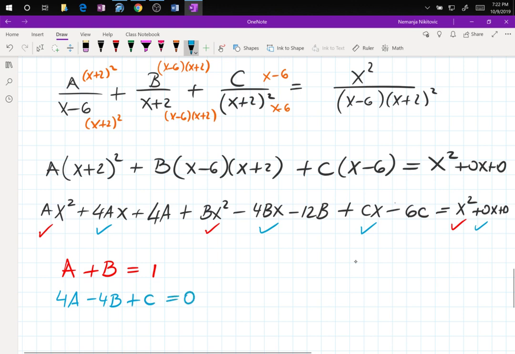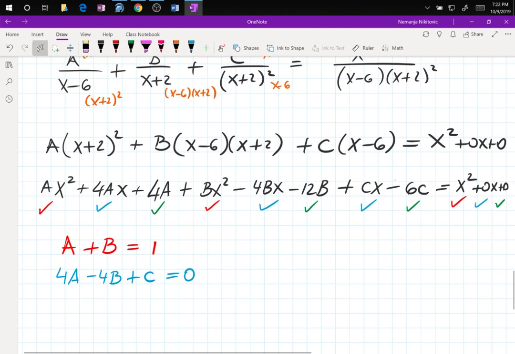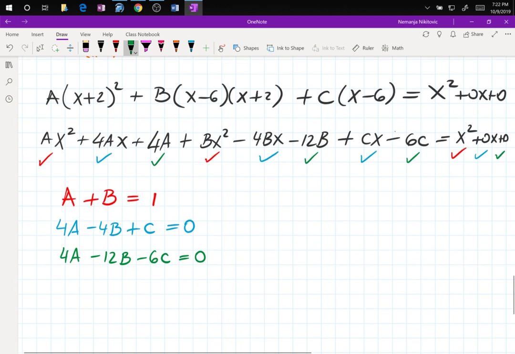So we don't write x's, we just write the coefficients. And finally, in green, we have constant terms. And that's going to be 4A minus 12B minus 6C is equal to 0. And from this point on, good luck.